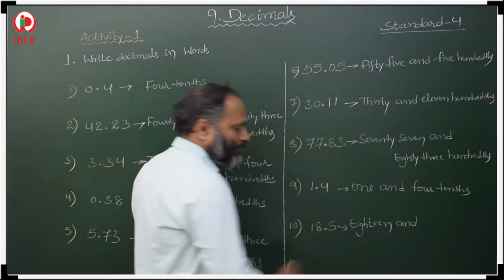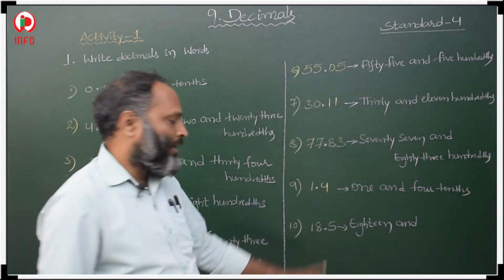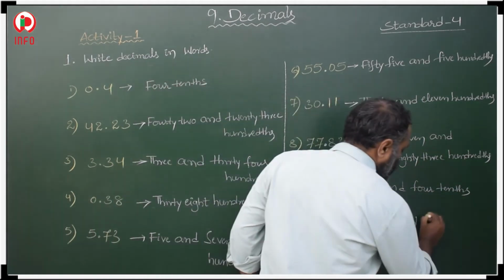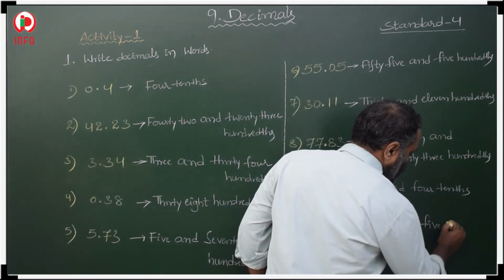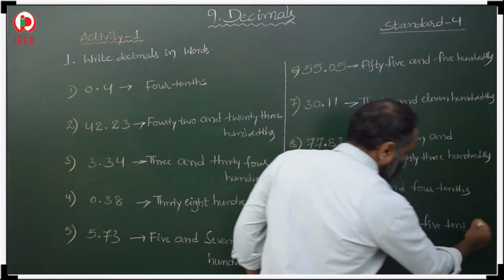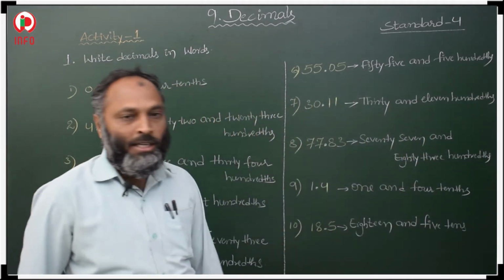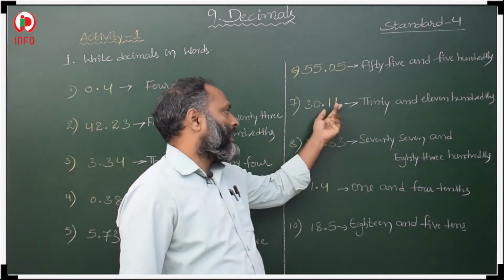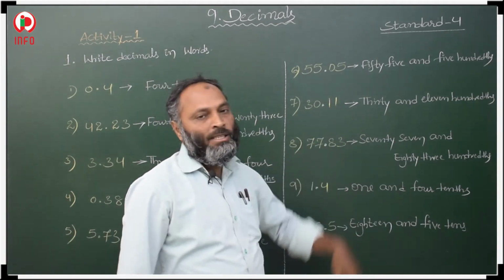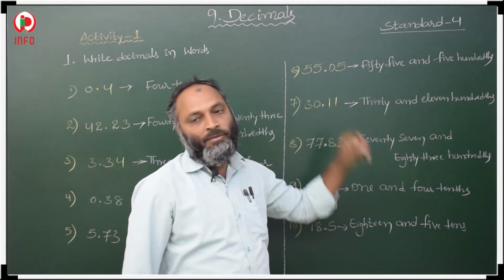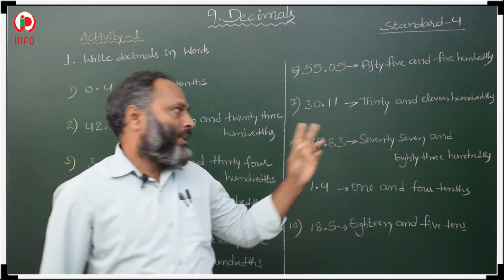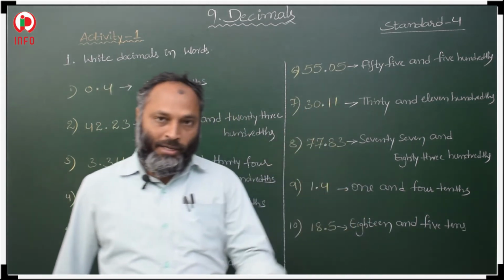After the decimal only one digit is there, 5 in the tenths place, 5 tenths. If only one digit is there, that is tenths. If two digits are there, like 11, we take hundredths.